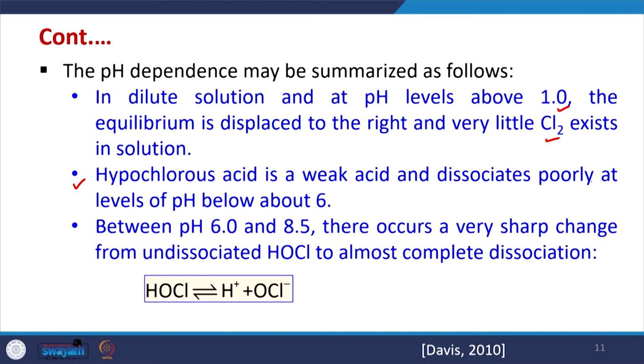Between pH 6 and 8.5 there occurs a very sharp change from undissociated HOCl to almost complete dissociation. So, between 6 to 8.5 HOCl will dissociate into H plus and OCl minus, and beyond 10 there will be complete dissociation, and because of that everything will be present in the OCl minus form.